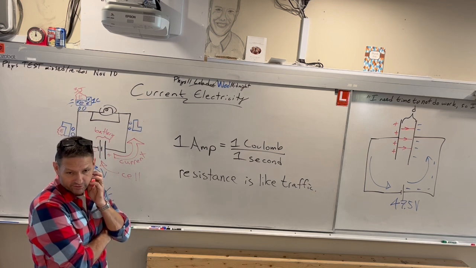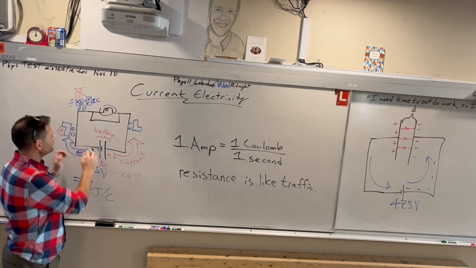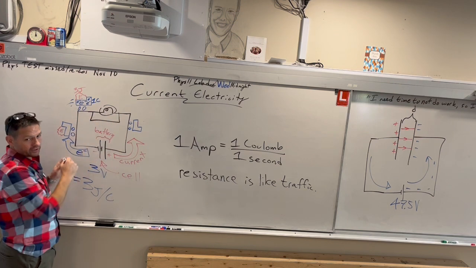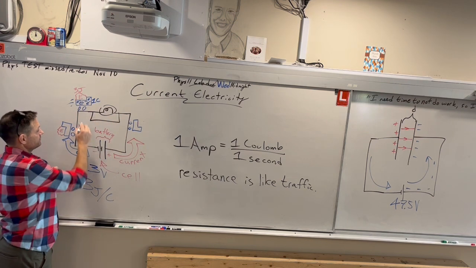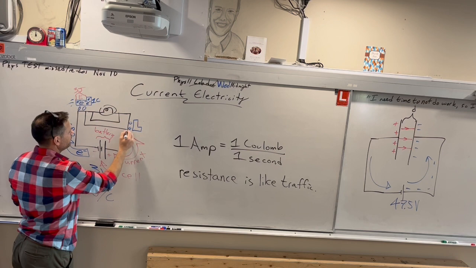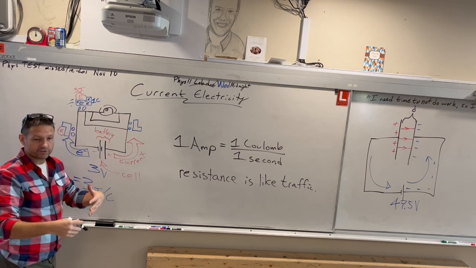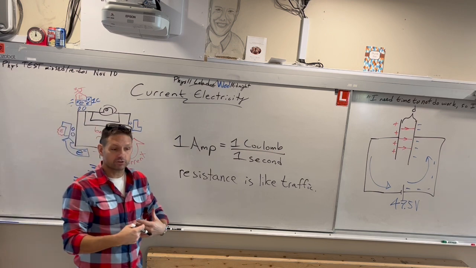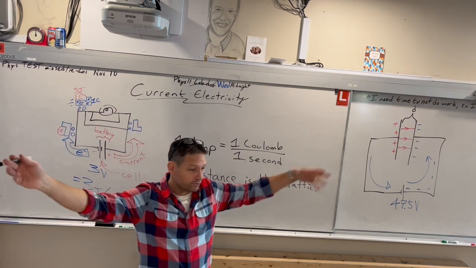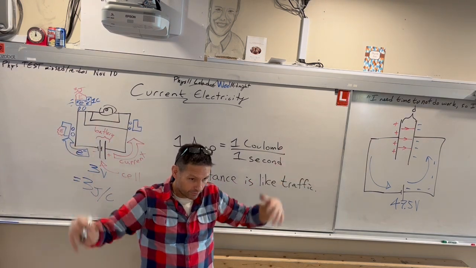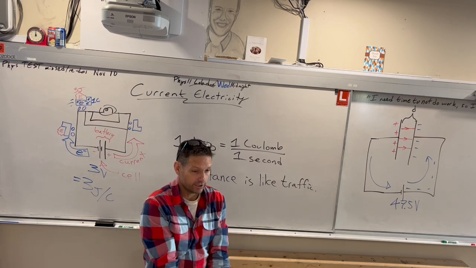And of course, if you have more than one pathway, like if I go like this and I have another pathway, that's gonna lower the resistance, because anytime the traffic has more roads to go through, that's lowering the resistance. You get a higher current.